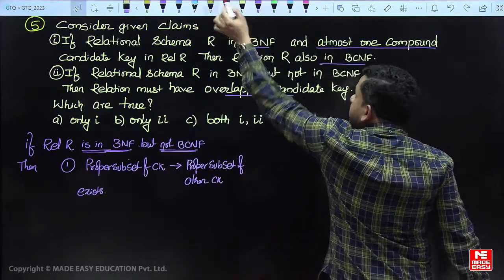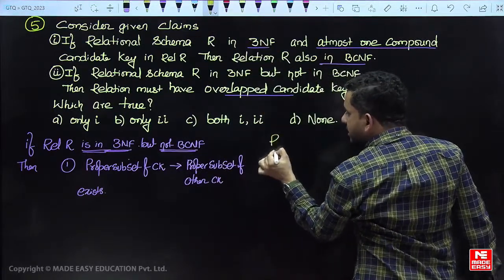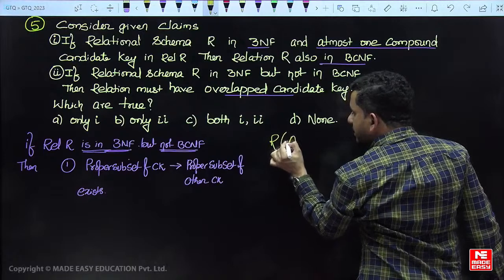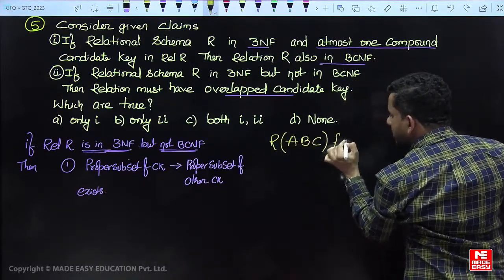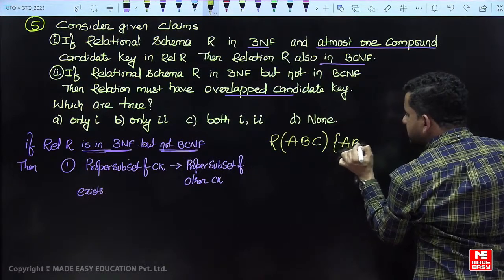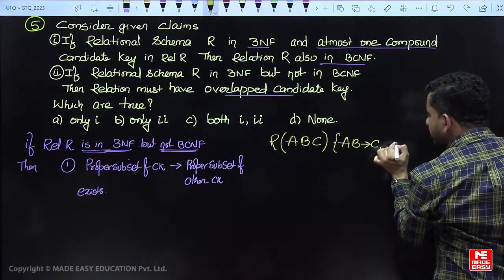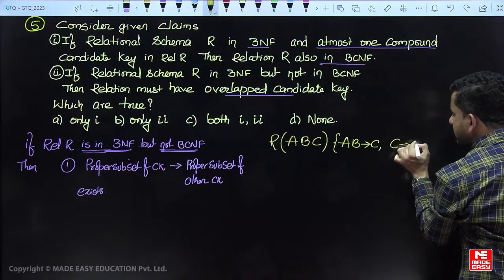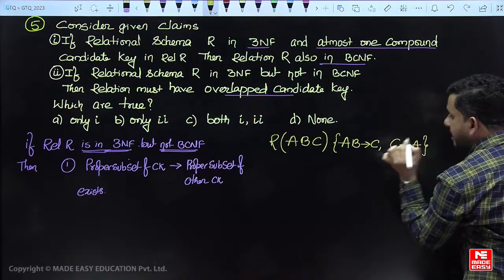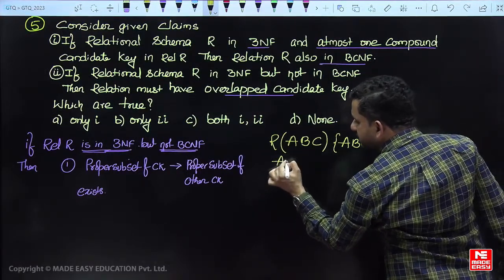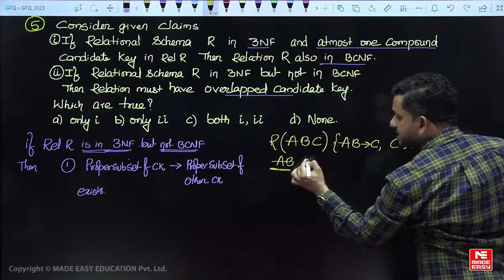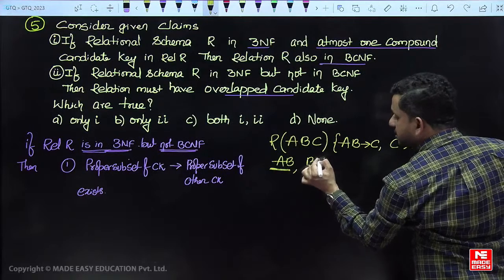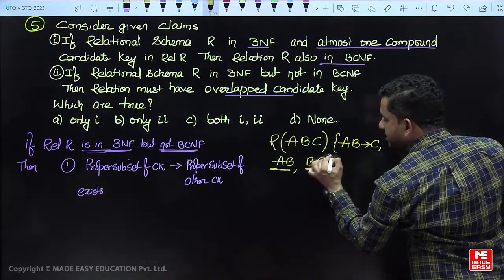So to have this kind of FD, let me take one simple example, ABC. AB determines C is one FD and C determines A is the other FD. The candidate keys of the relation are AB and BC, the other two candidate keys.